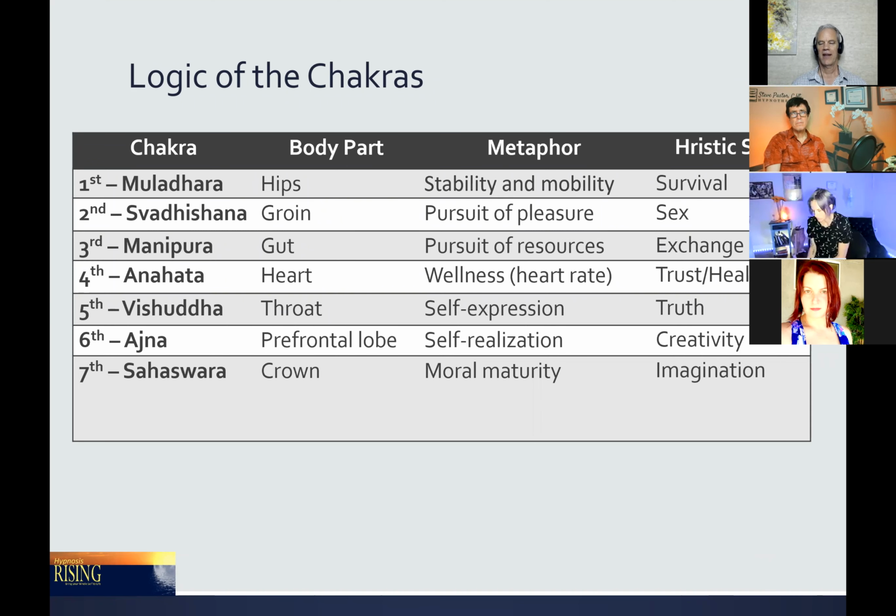The first one is you need stability and mobility. As long as you are lying flat on your back in your crib, there's very little that you can do except by screaming. So the first thing you need to do is roll over, crawl, stand, walk. All of that involves the sacroiliac joint, the connection between the hips and the base of the spine.